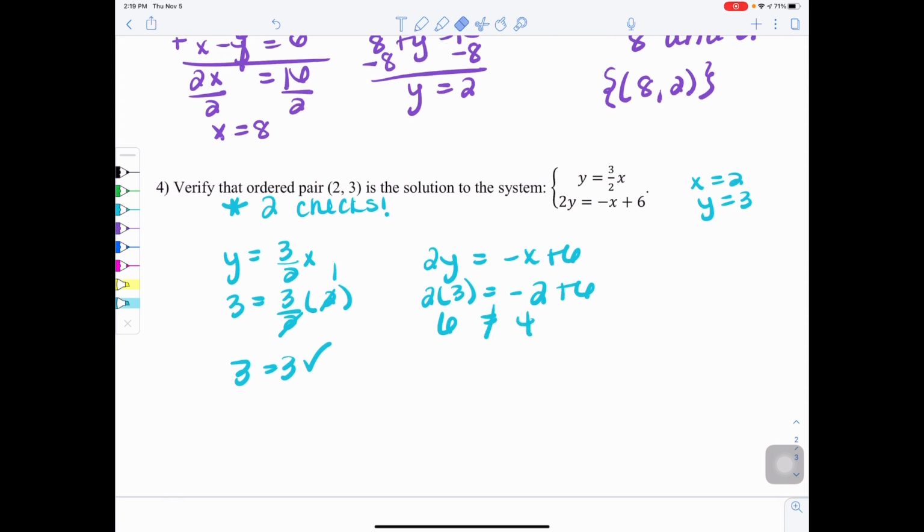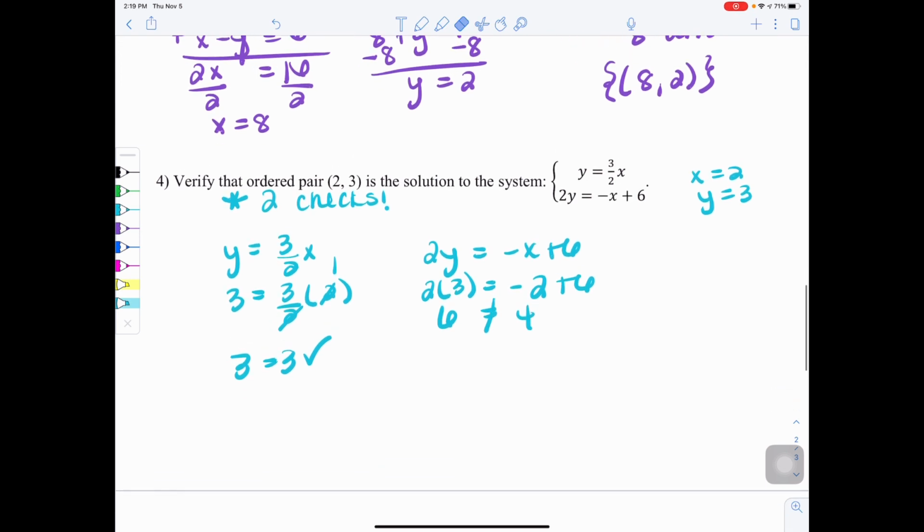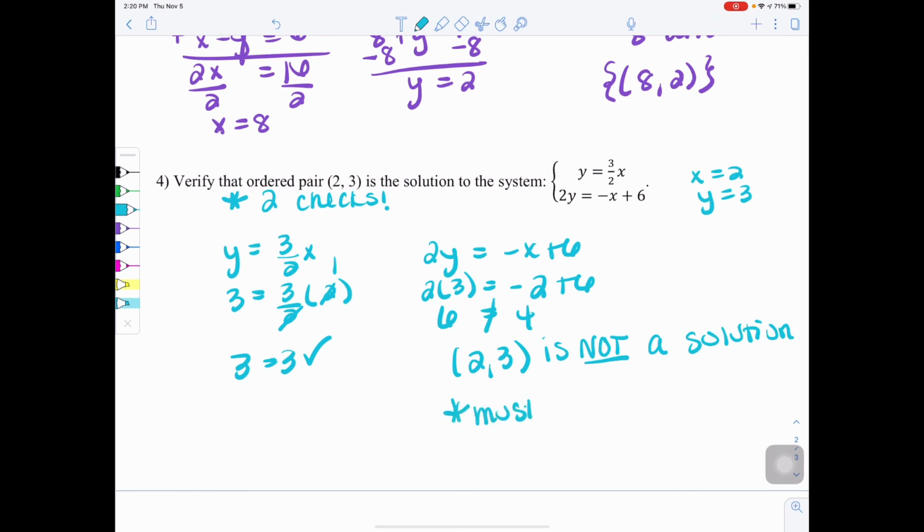So this tells us 2, 3 is not a solution. So what we know is that it must check in both. And that concludes our lesson on solving systems algebraically, day 2.